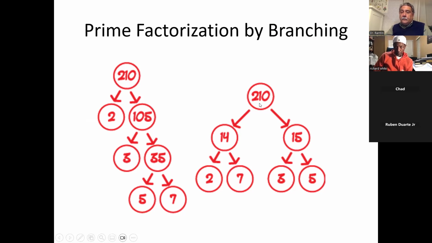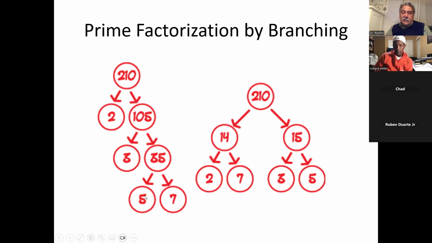And if you multiply these numbers by each other, you get 210. Or, instead of starting with 2 and 105, 210 can be the product of 14 and 15. And 14 times 15 gives you 210. And 14 breaks down further into 2 and 7, and 15 into 3 and 5. The final results are the same.